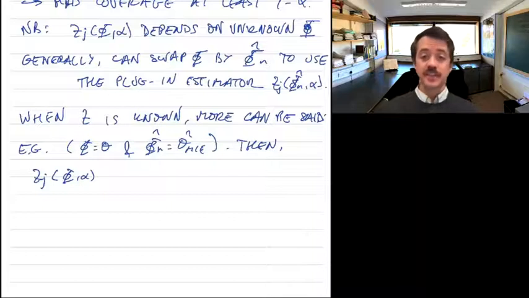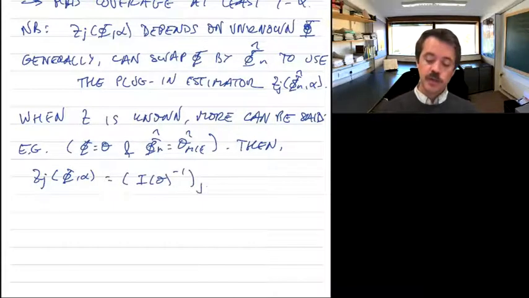And when you look at the jth component, this is simply the inverse of the Fisher information matrix, and then we look at the jth entry.